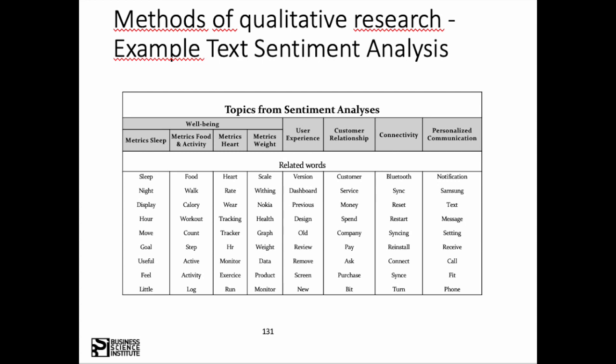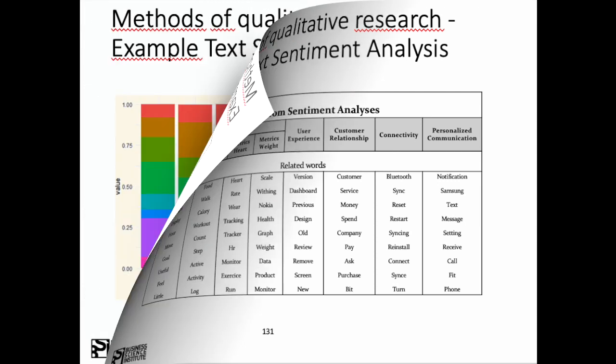Under the topics, you can see the words that enabled us to generate the topics. For example, for matrix sleep: sleep, night, display. For the matrix food activity: food, calories, workout. For the matrix heart activity: heart rate, wear, tracking, and so on. So you see the words that enabled us to generate the topics.